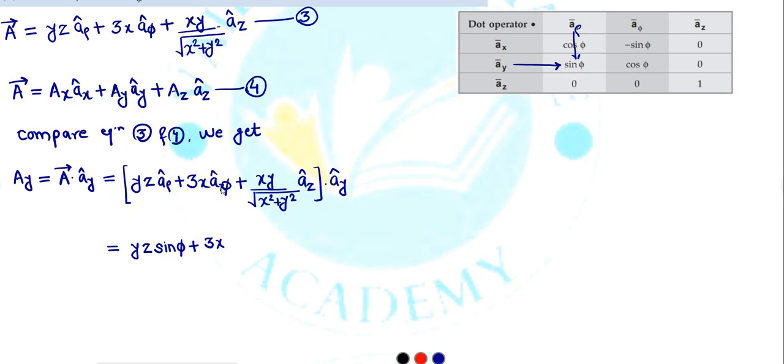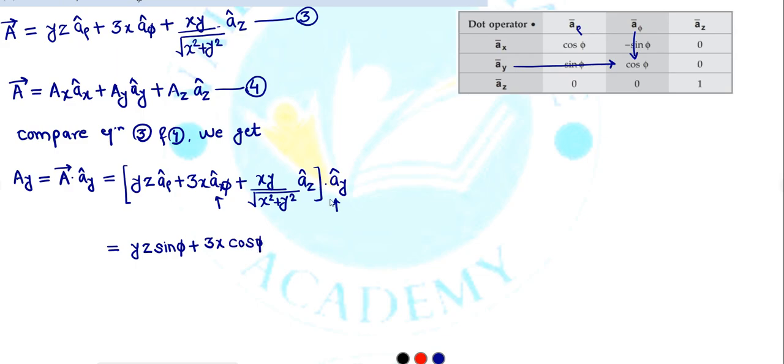Now next is the dot product in between this a phi and this ay. So this is what we have, that a phi, and this is your ay. So dot product in between that ay and a phi is nothing but what? Cos of phi. So write that cos phi over here.